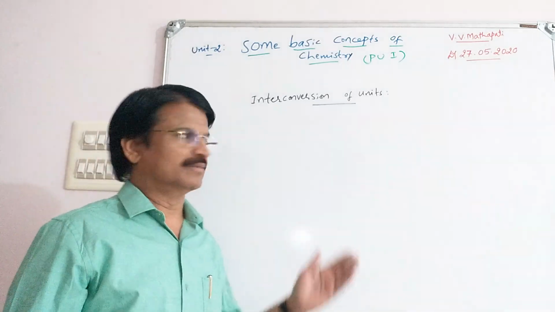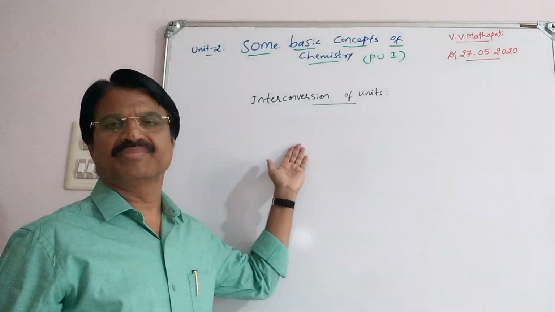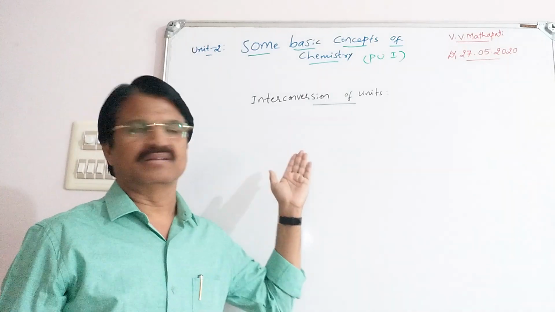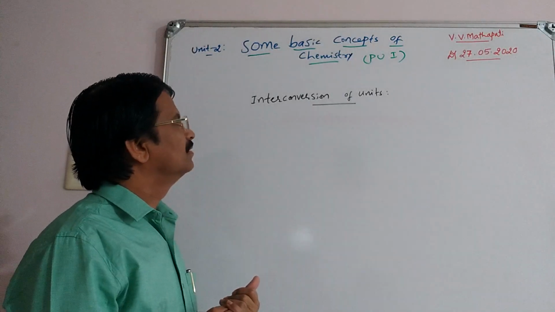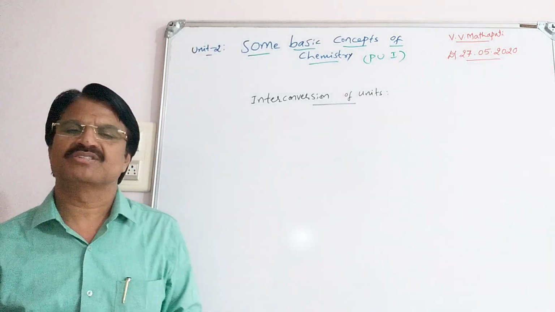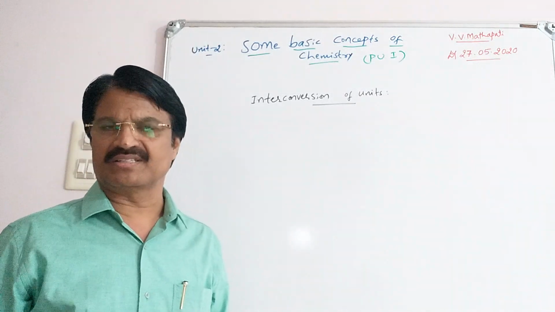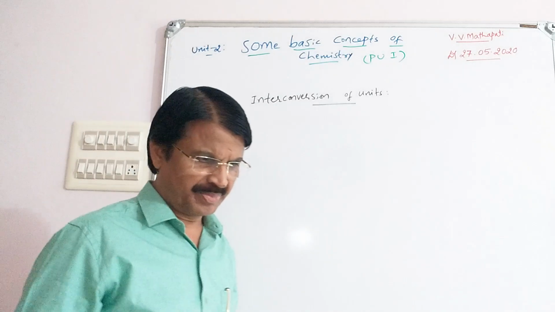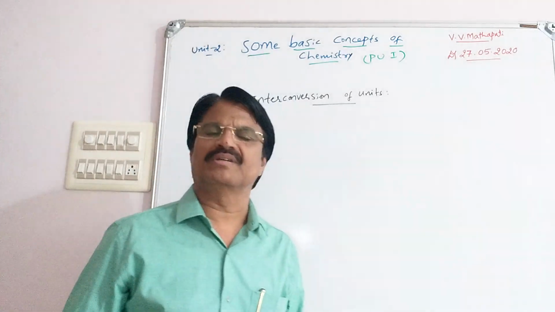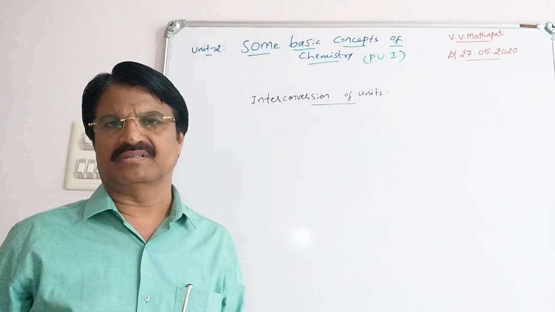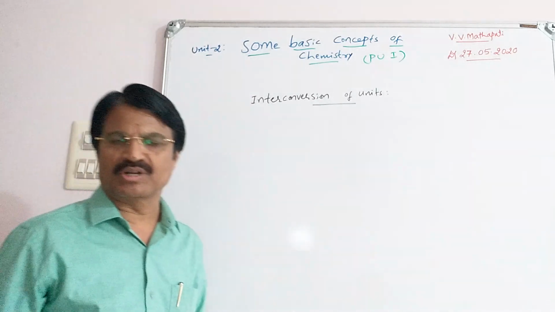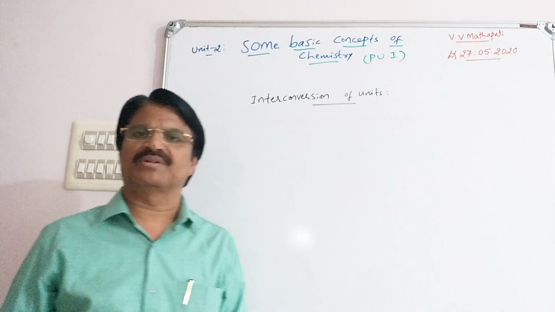Afterwards, we will study accuracy, precision, then fundamental units. Next, laws of chemical combination, significant figures, then percentage composition, empirical formula, molecular formula, and mole concept, Avogadro number, and concentration of solution.